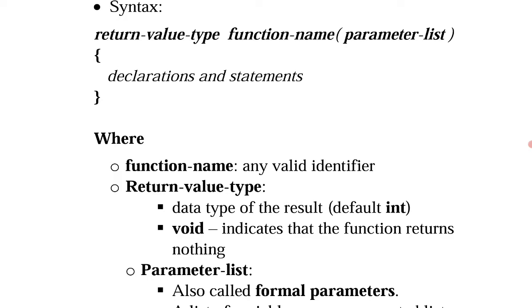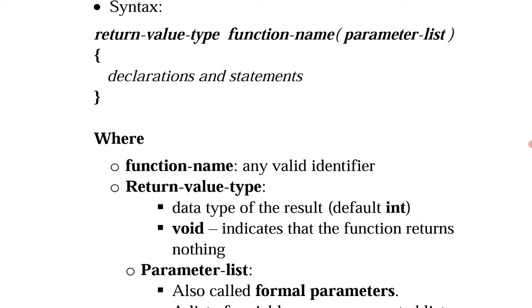Generally there may be different return types used for different functions. Some functions may return integer values, some floating point values, some character values, and some functions may not return any value to the program.